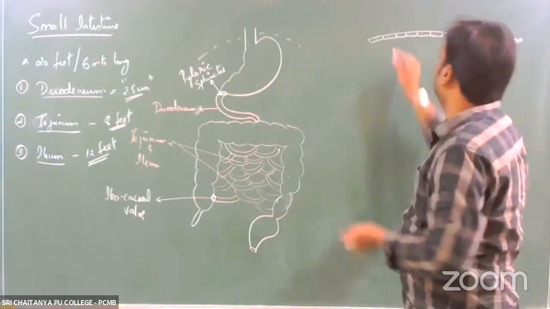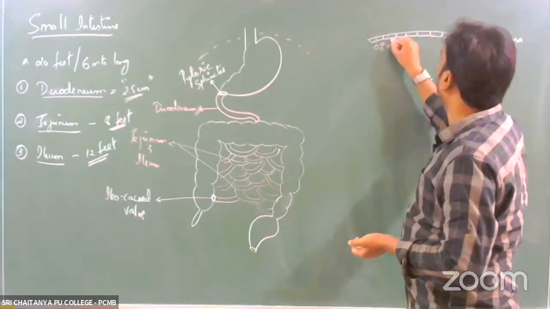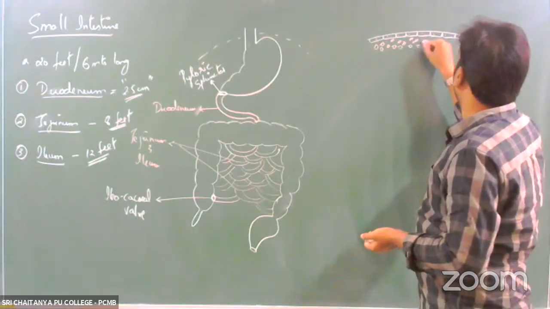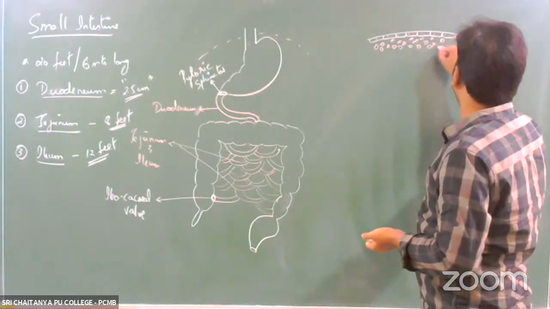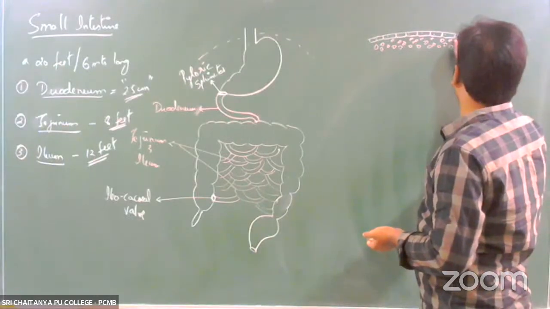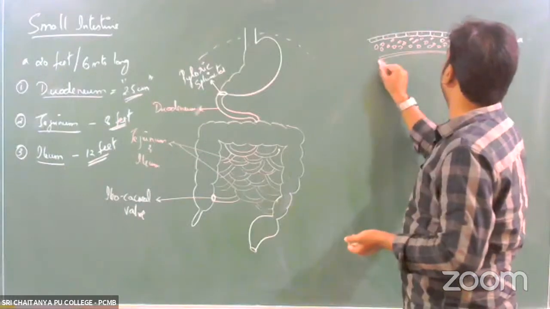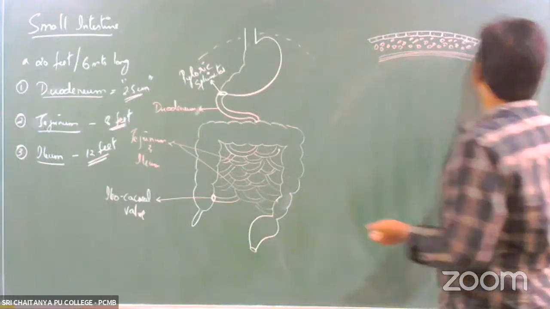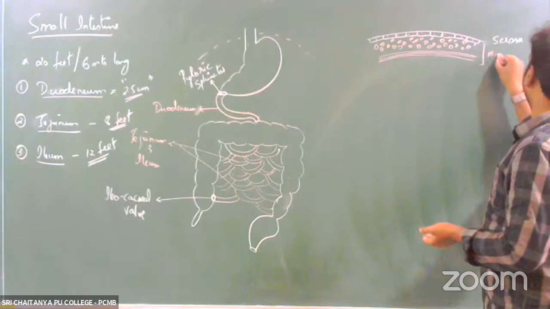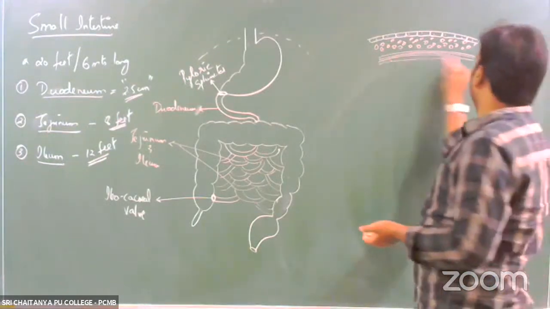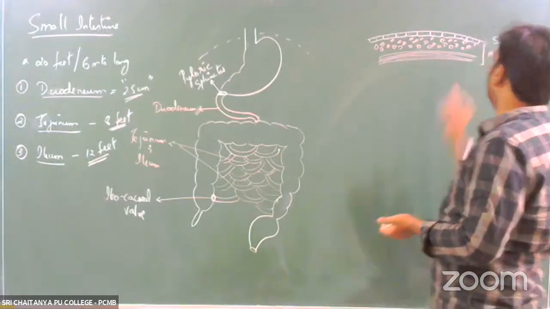In the muscularis, we know that there are longitudinal muscles present towards the outer side, followed by circular muscles present towards the inner side. Both of these together we call the muscularis region.